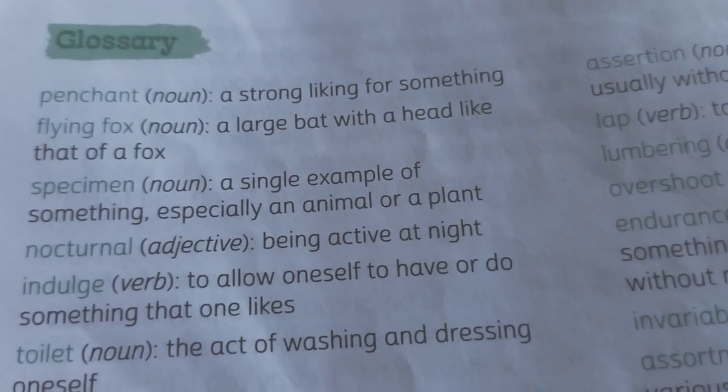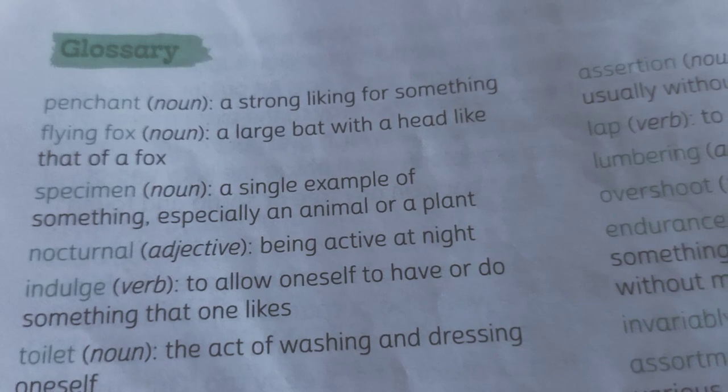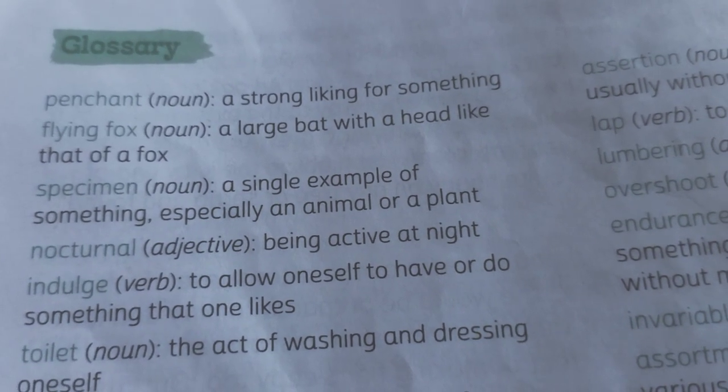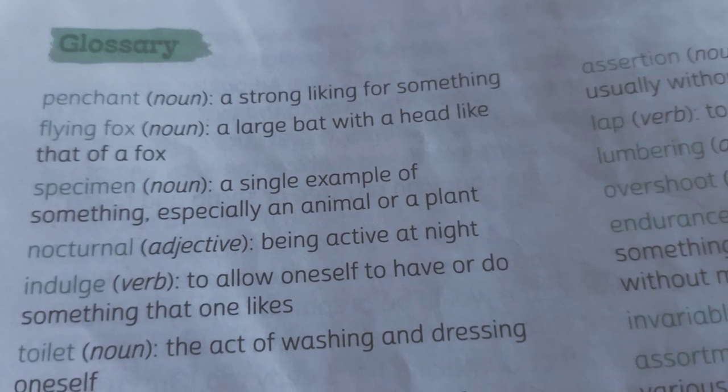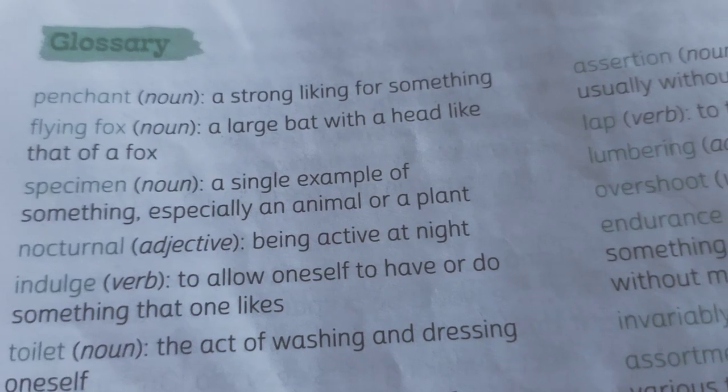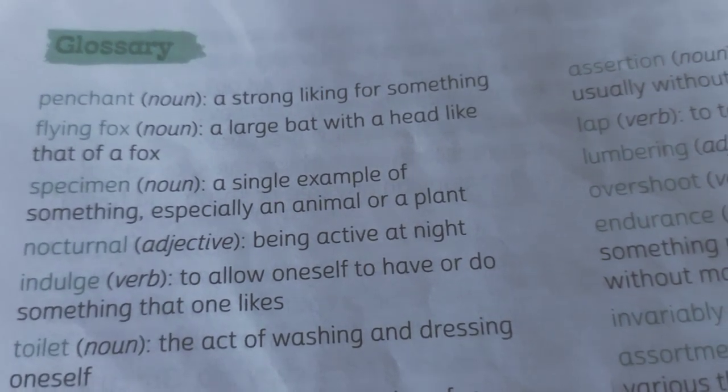The next is nocturnal. What's the meaning of it? Animals who are active at night. Bat is one, and another is the owl, which also comes in the same category.